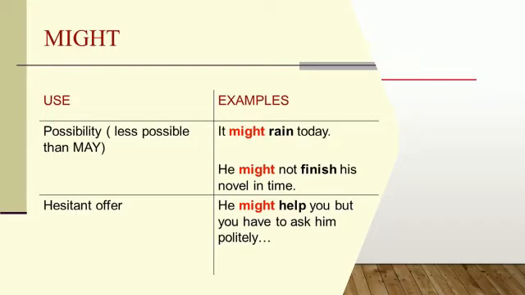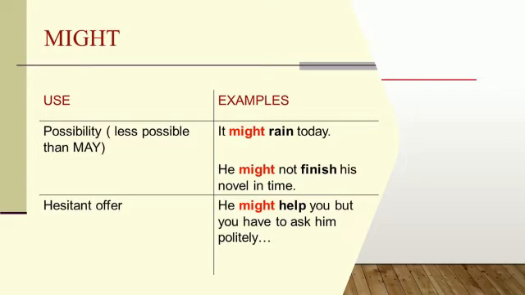Now look at the next example. He might help you, but you have to ask him politely. Here we are in two minds. Sometimes you're telling your friend, I want to ask him something, but I don't know if he will answer me or not. So you're thinking whether he might say yes or no. That's a hesitant offer.